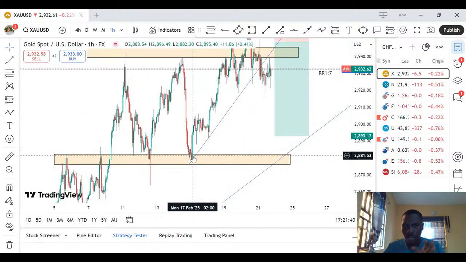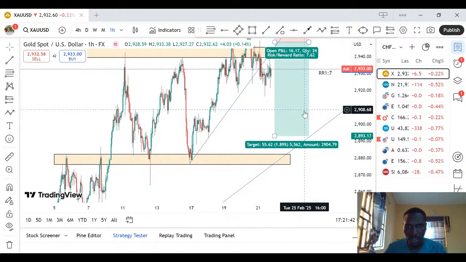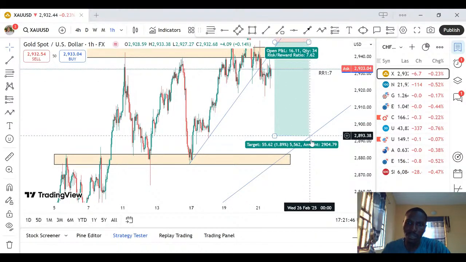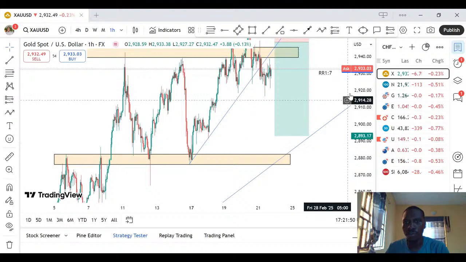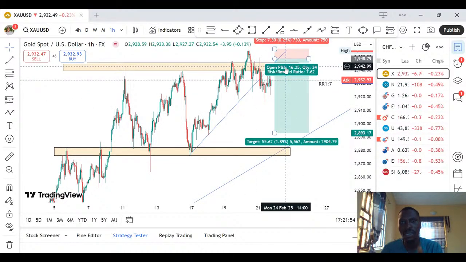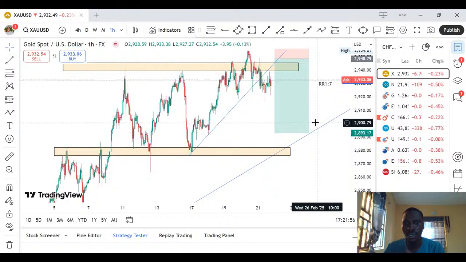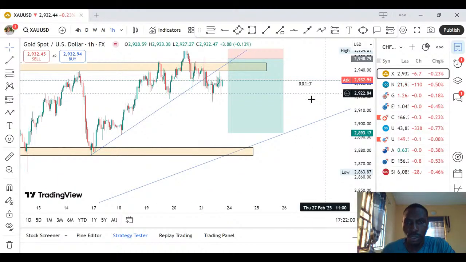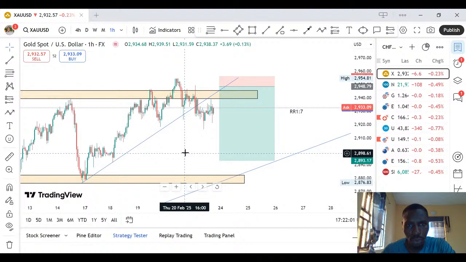The reason why I'm not taking this fully out is because this is a bullish trend. I'm expecting price to get to this point before it starts moving upward. Price should come up here, drop down, then we start looking out for the continuation of the bull trend for gold.